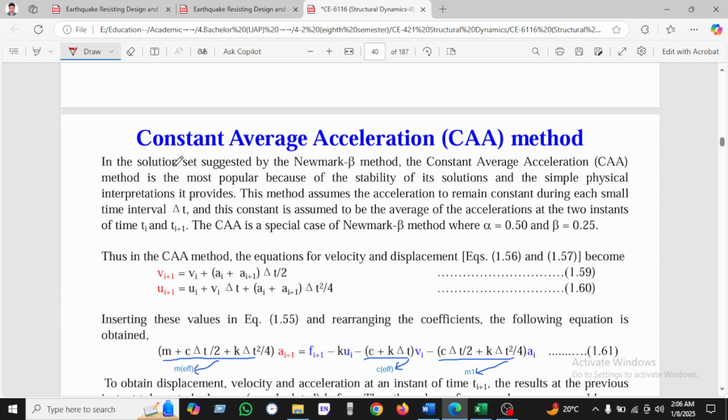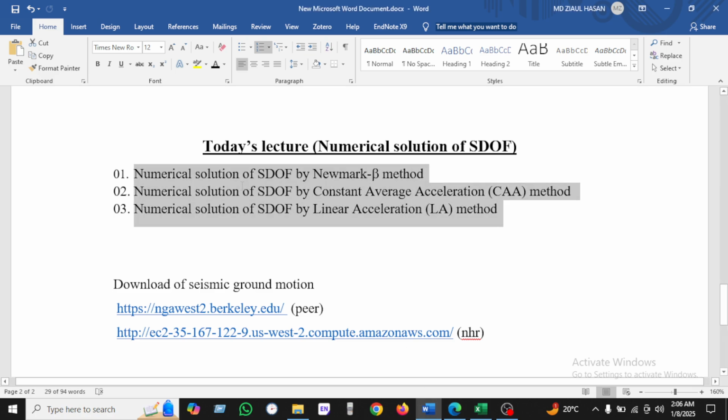So this is the numerical solution of a single degree of freedom by the Newmark-Beta method.